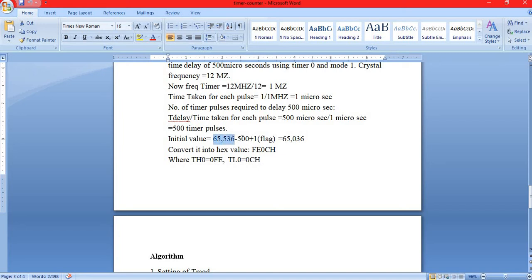It is subtracted by the 500 timer pulses and added with 1 in order to consider the flag bit, and we have obtained 65,037. This value is converted into a hex value and we have obtained FE0CH, and this hex value is divided and stored into TH0 and TL0. This is how you will be calculating the delay.